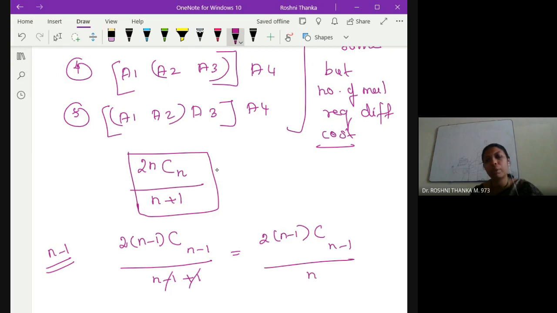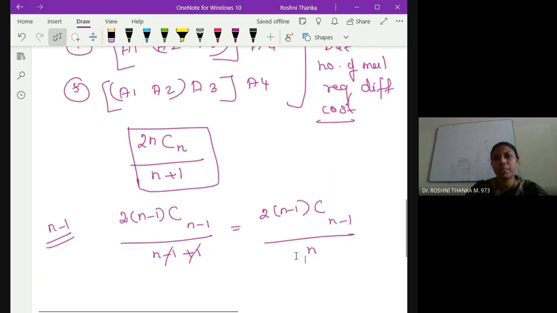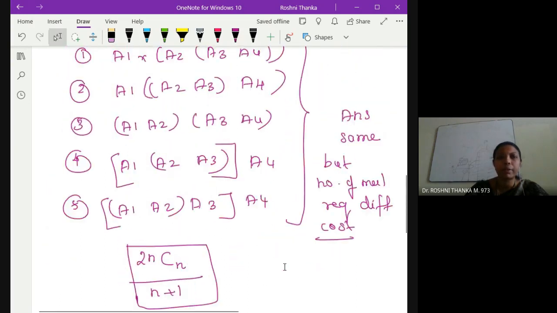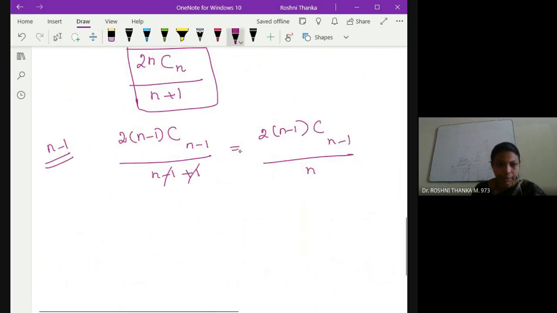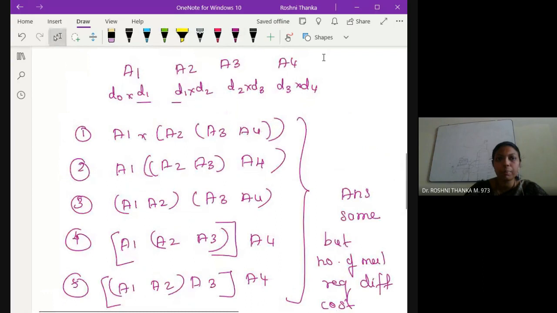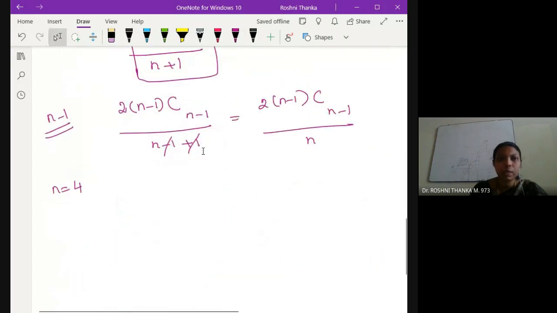This is the formula in matrix multiplication to find the combinations. This is what we are going to use. Say, for example, let us take n here as 4. So n is 4, which means, if you see here, we have taken 4 matrices, so the n value is 4. But I said in the formula we have to take n as n minus 1. So we are going to substitute in this formula.